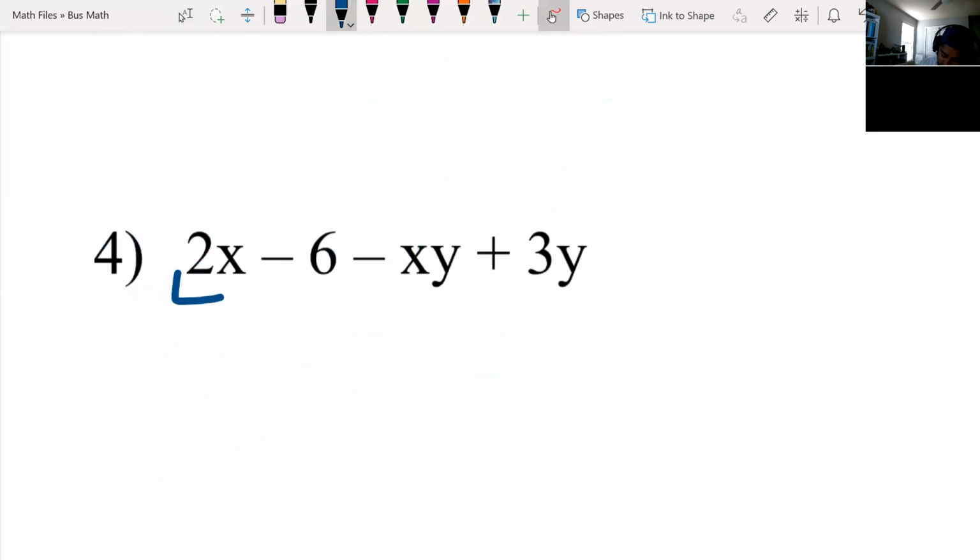Group these two. Group those last two, including the sign. And this looks familiar. From 2x minus 6, what could I take out? What's my factor there?